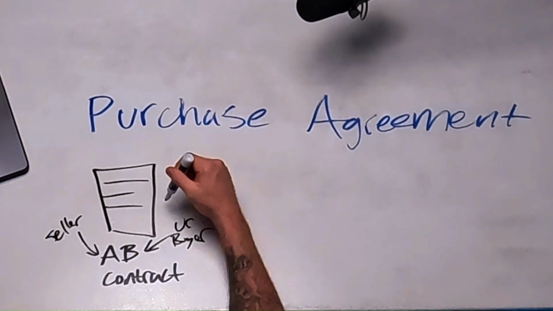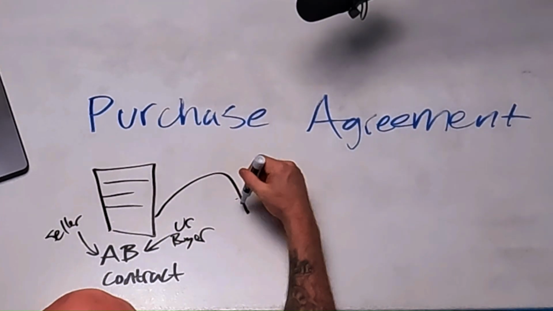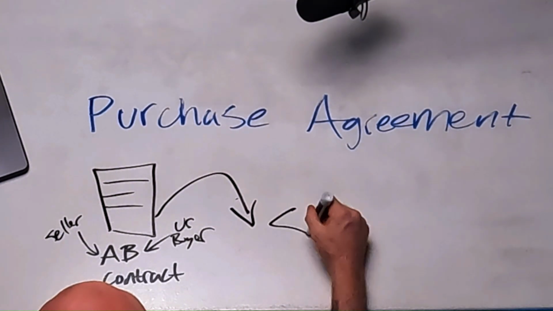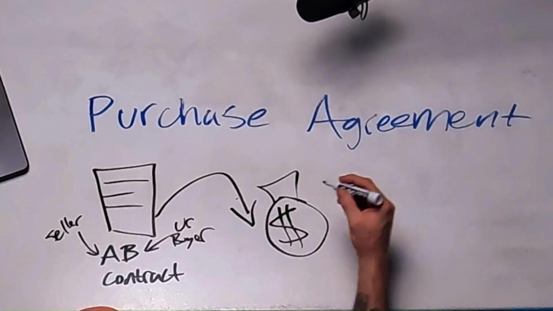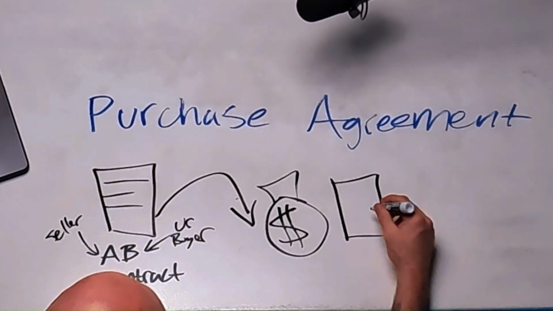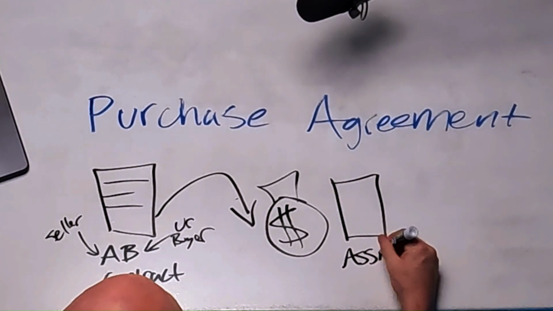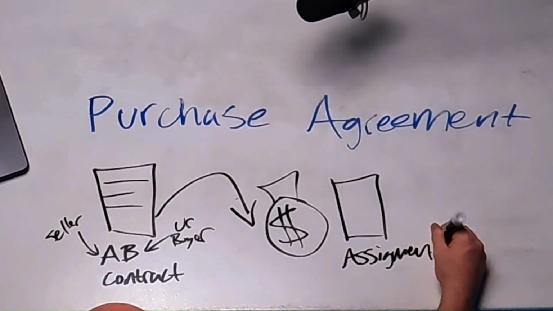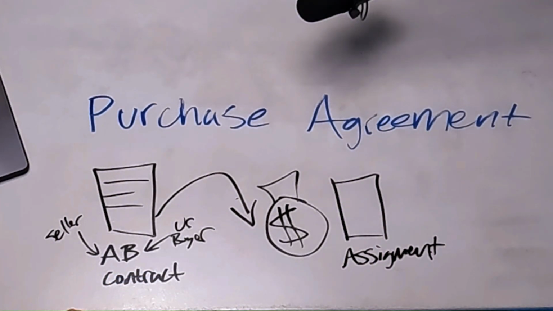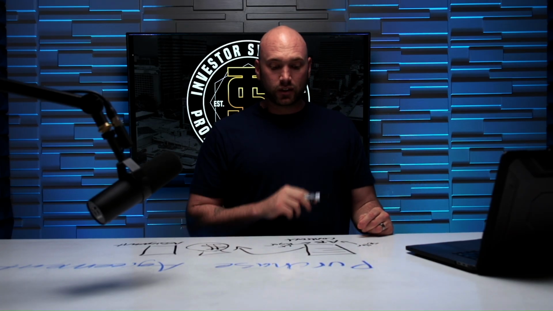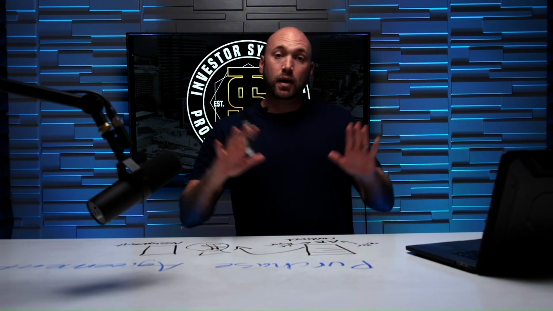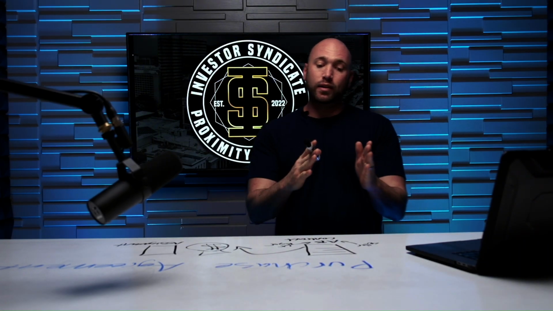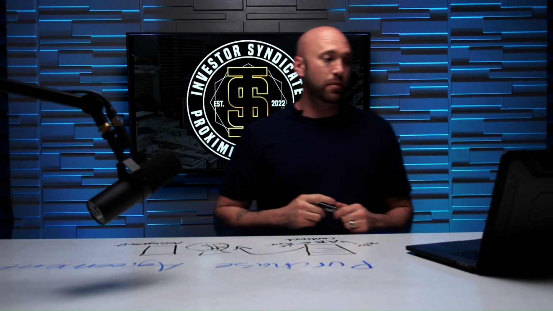Assignment, if we so choose to assign our rights and position in that purchase agreement to a cash buyer for a fee, we would do what is called an assignment of contract. And an assignment of contract in its simplest form is transferring the rights of this agreement to a cash buyer, and where you're based as a wholesaler, you're stepping aside and allowing them to take your position in that agreement.